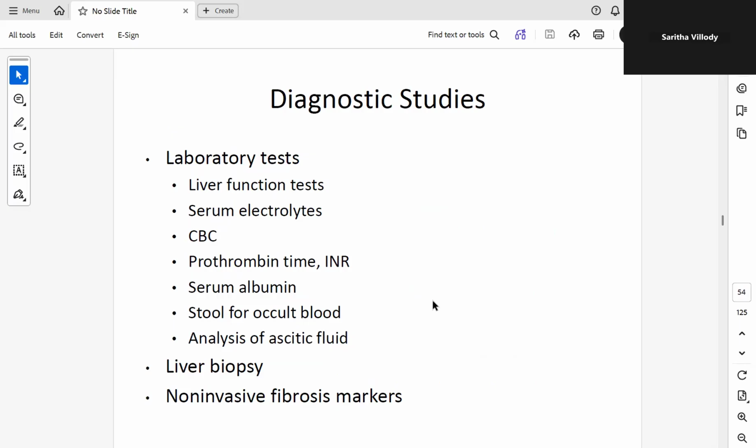One thing to notice though, towards the very end stage of cirrhosis, you might notice all these values are normal. The reason for that is the number of functioning cells in the liver decreases, so it cannot produce enough enzymes. So it appears normal, but it's not normal.